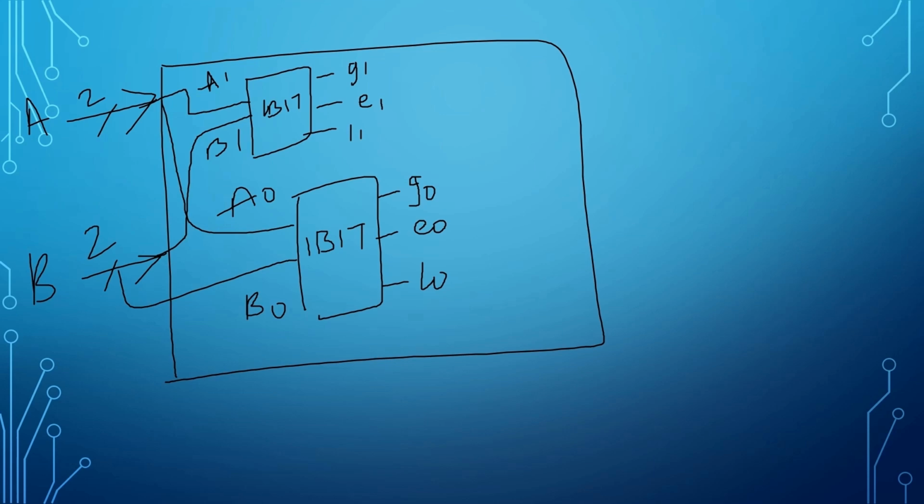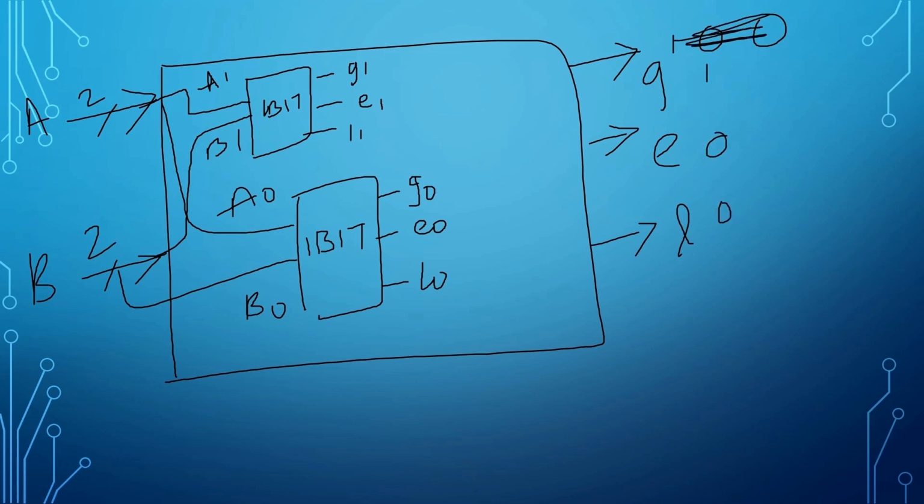Now when A1 is greater than B1, we can directly say the main output is 1 0 0. Suppose the main output is GEL, we can say 1 0 0. If A1 is less than B1, then also we can directly say, without involving this circuit, that A is less than B, that is 0 0 1.